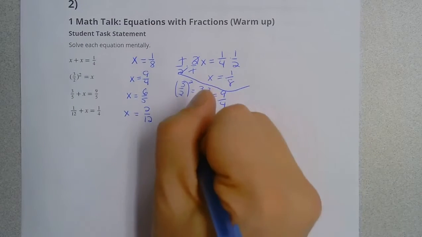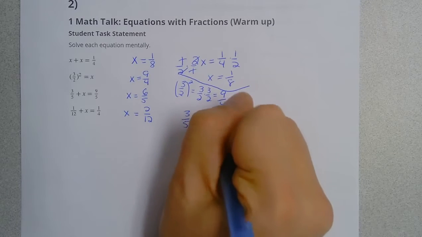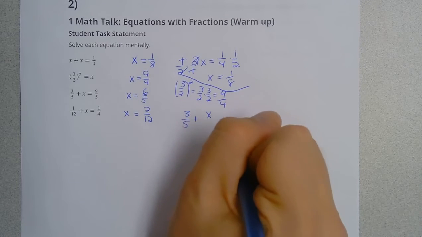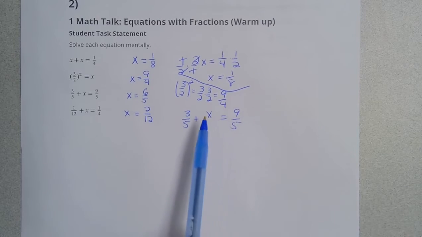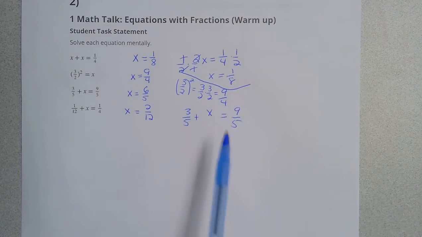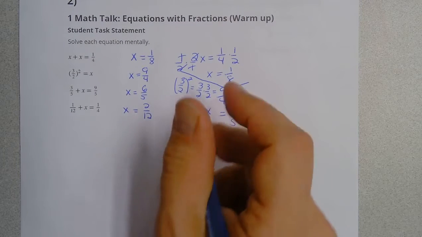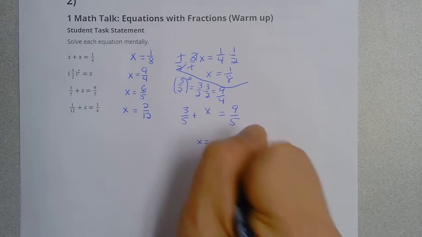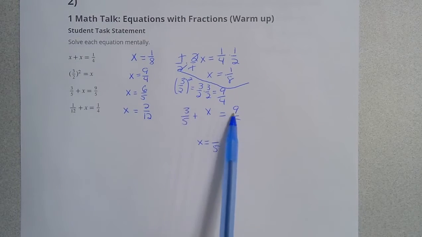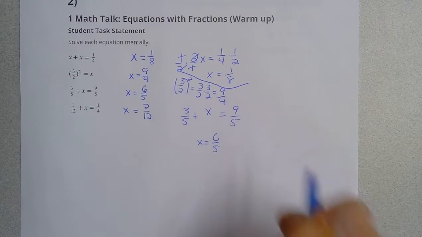For our third problem, 3/5 plus x is equal to 9/5. I actually solve this mentally. I notice, what do I need to add to 3/5 to make it 9/5? The denominator when I add fractions is the same, so I ask, 3 plus what number is 9?